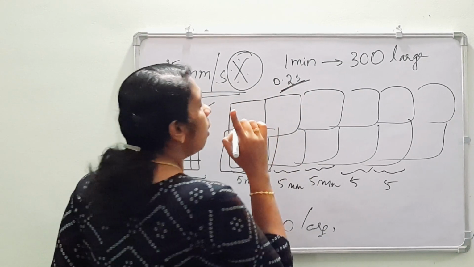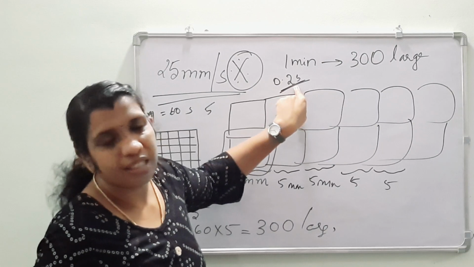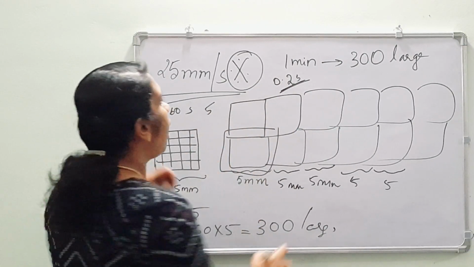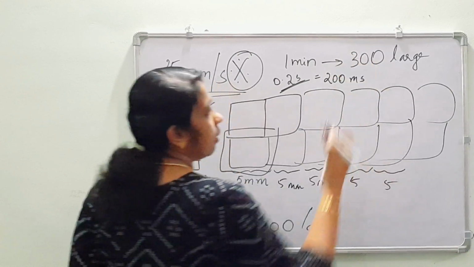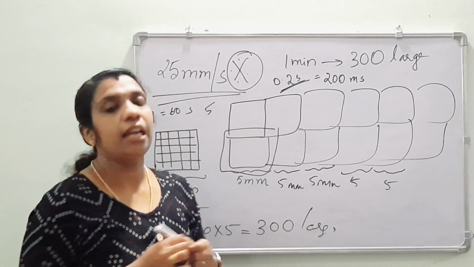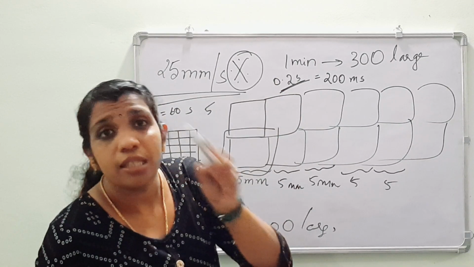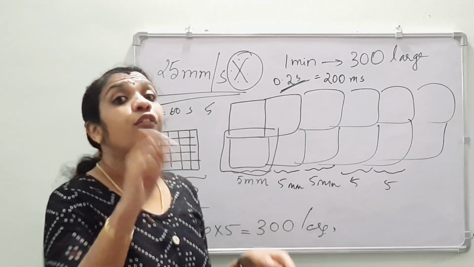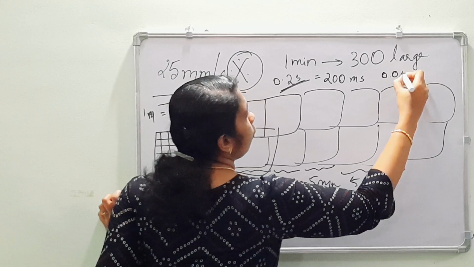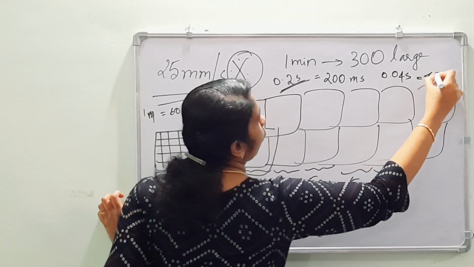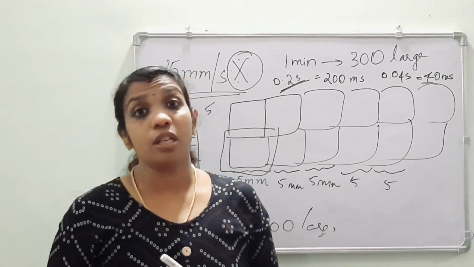So it takes 0.2 seconds to cover a single large square, and 0.2 seconds corresponds to 200 milliseconds. One large square is equal to 5 small squares. So how long does it take to cover a small square? It takes 0.04 seconds, which is equal to 40 milliseconds. So this is the importance of ECG paper.